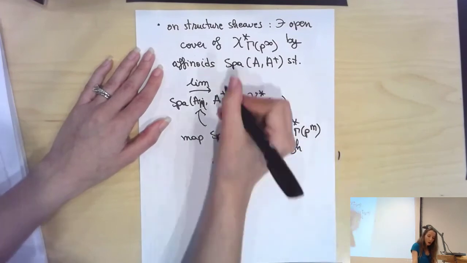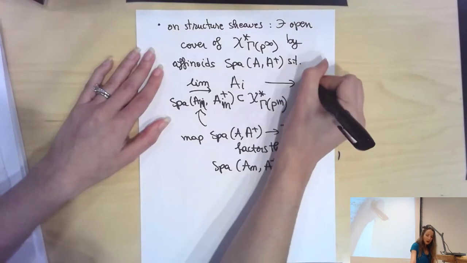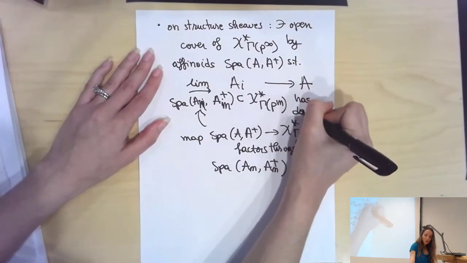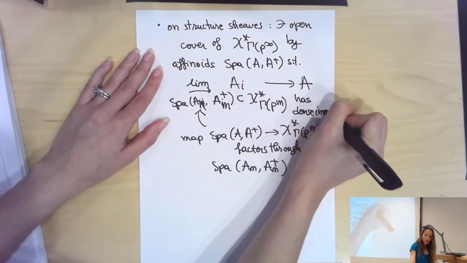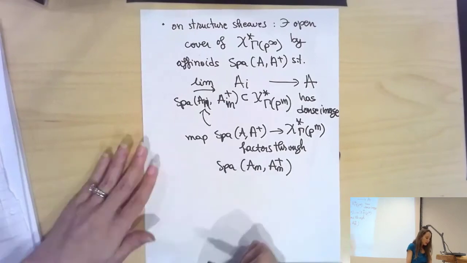So the direct limit of the A_i's has a natural map to A, and you want this to have dense image. Essentially what you're doing is taking the direct limit and p-adically completing.